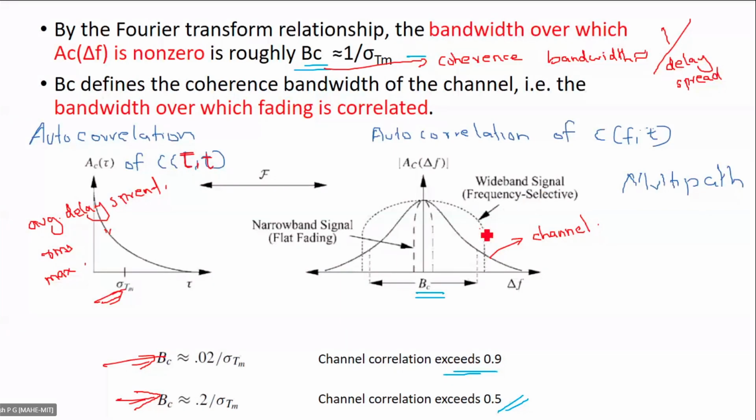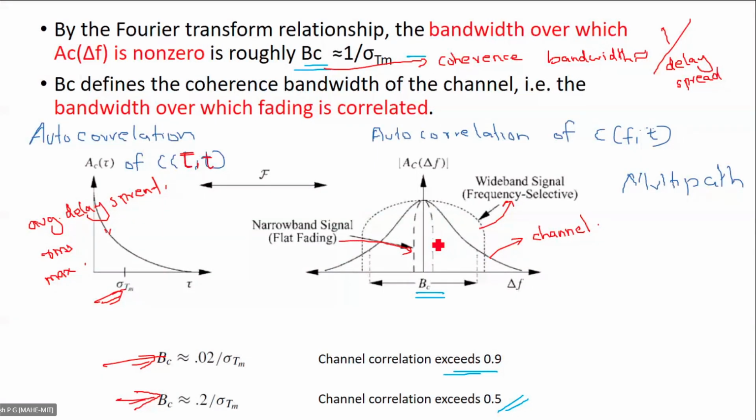The wideband signal corresponds to the frequency selective signal, and the signal inside is called the flat fading signal, right? And we'll see why it is flat fading and why it is frequency selective fading.